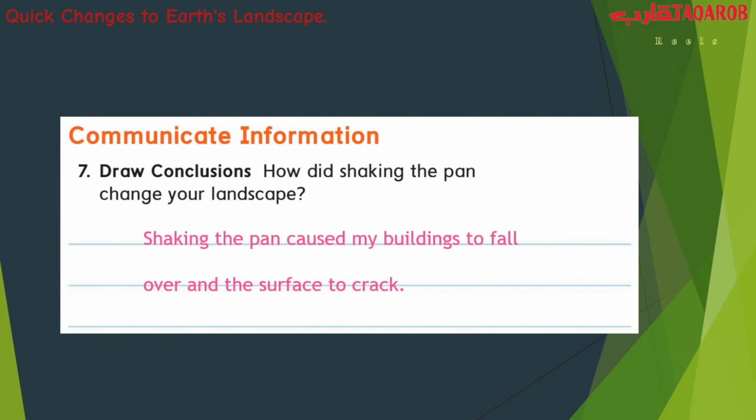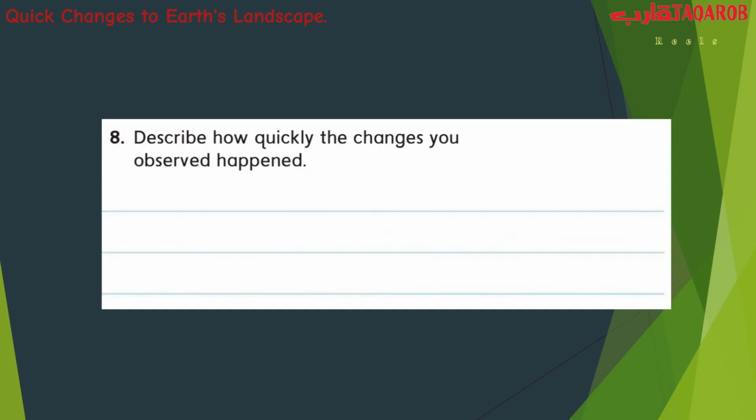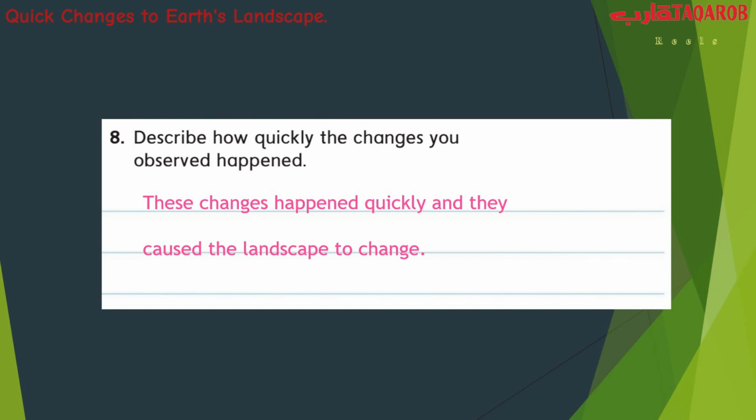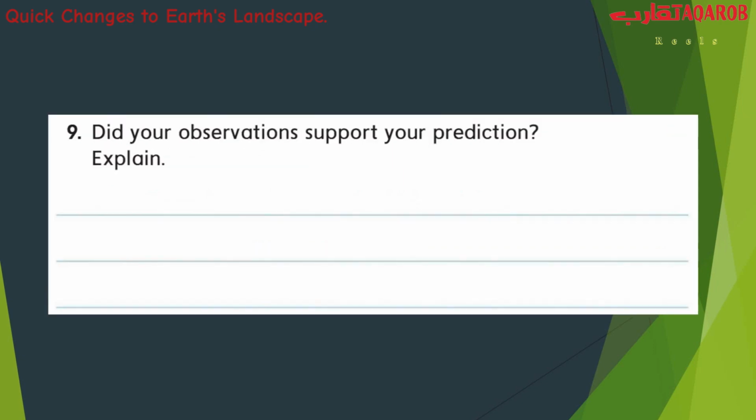So shaking the pan caused my buildings to fall over and the surface to crack. Describe how quickly the changes you observed happened. Did the changes happen quickly or slowly? Yes, quickly. These changes happened quickly and they caused the landscape to change.